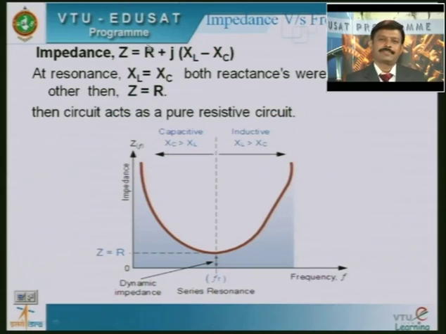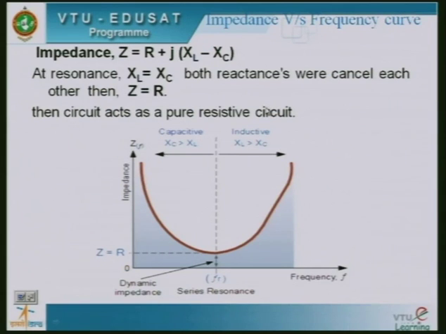Next, coming to the other characteristics, we can plot the impedance versus frequency curve. As I told already, impedance Z is equal to R plus j into XL minus XC. It's the expression for impedance in an RLC circuit.